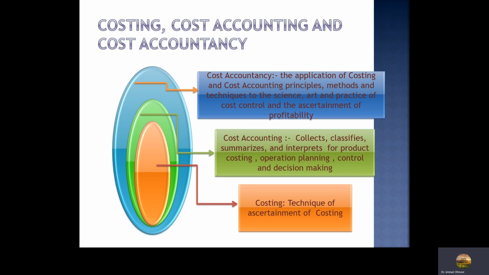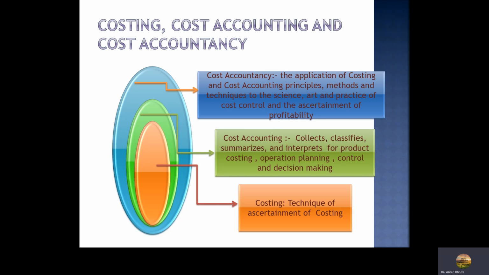Now, cost accounting broadens the concept of costing, in that it collects, classifies, summarizes, and interprets information for product costing, operational planning, control, and decision making. That means cost accounting not only determines the cost of the product, but it also controls the cost of the product.